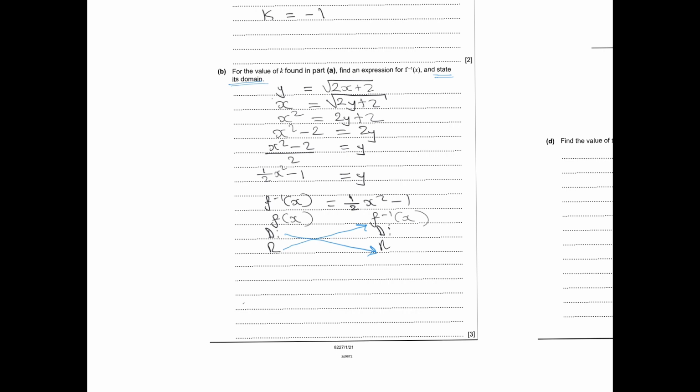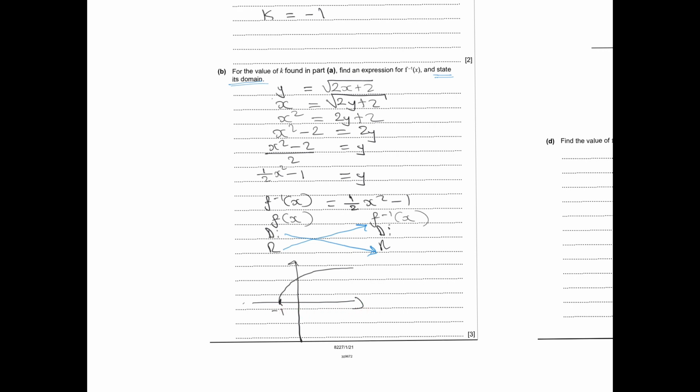A quick sketch of the graph would be something like this. The domain is starting from -1, and we know that the graph will always go like that. That is the function, so the domain starts from -1 coming this side.